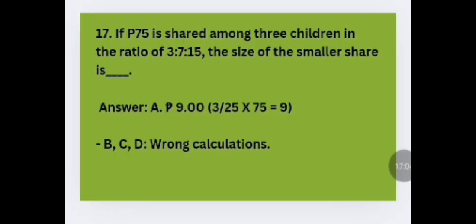Where did the 3 come from? The 3 is the smallest number in the ratio, which is 3, 7, and 15. While 25 is the total of the ratios added: 3 plus 7 plus 15 is 25. Times 75, which is the actual amount. So 3 over 25 times 75 is equal to 9. So the answer is letter A.